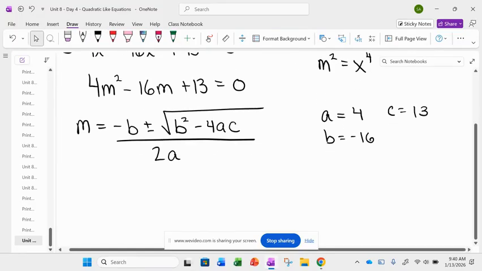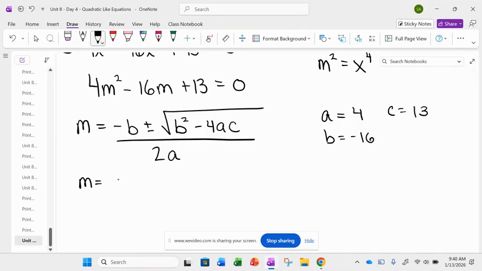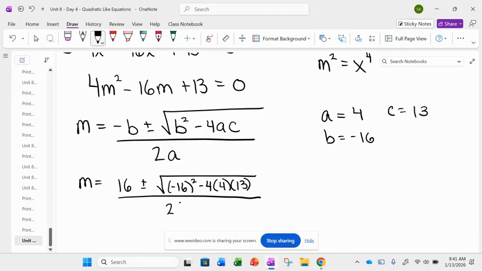And now all we're going to do is plug right in. So m will equal, the opposite of negative 16 is a positive 16, plus or minus the square root of negative 16 squared minus 4 times 4 times 13 all over 2 times 4.